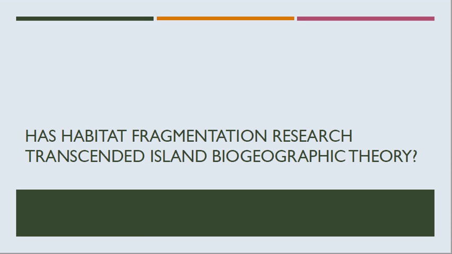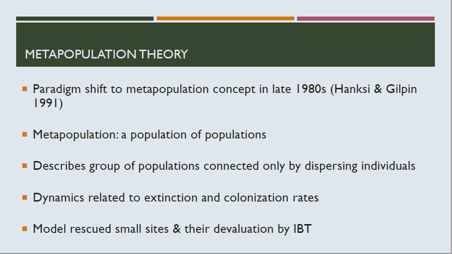All right, so let's talk a little bit more about habitat fragmentation research, and in particular metapopulation dynamics. Now, some of you will have heard of metapopulation dynamics from doing the undergraduate course in biodiversity and conservation. We return to it here because it is a natural step on from island biogeography theory.